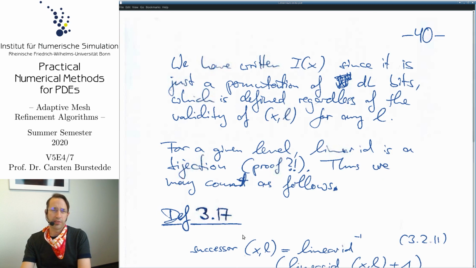We also write this since I of X is really just a permutation of bits. It is unrelated to the validity of X for any chosen level of inspection, little l.